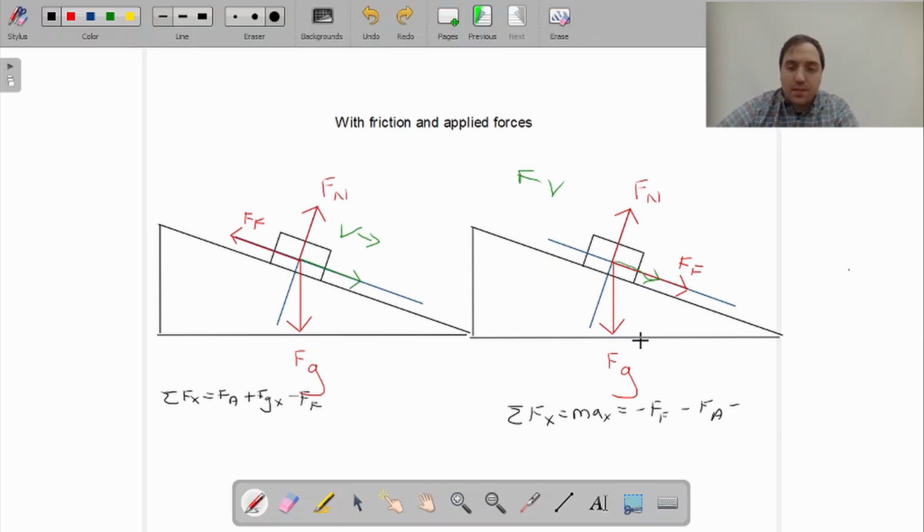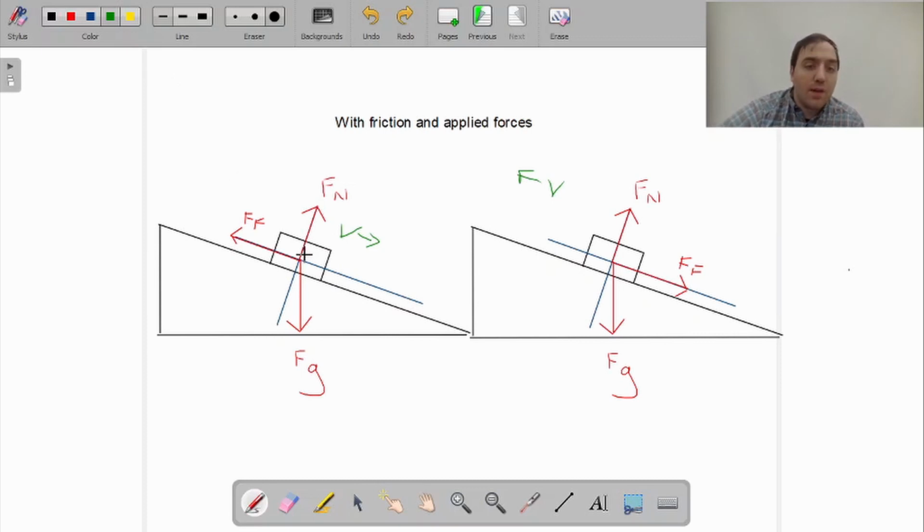Back that up for a second. If the force applied was pulling it, say, up the ramp or slowing the descent over here, or pulling it up the ramp in the direction of the velocity here, the process is still the same. The only difference is my sum of all forces in the x direction here would be FGX minus FA minus force friction.